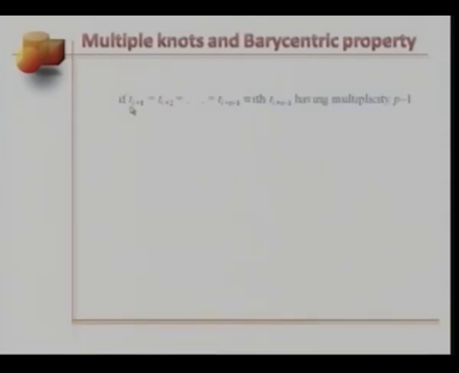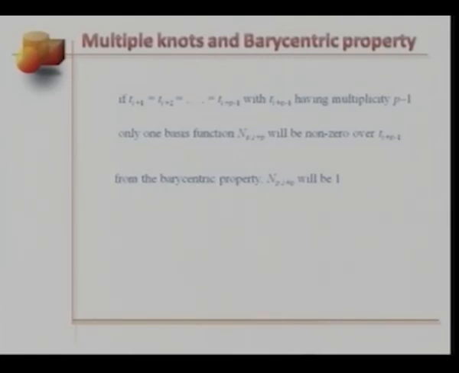In general, if Ti plus 1 equals Ti plus 2 equals up till Ti plus P minus 1, with Ti plus P minus 1 having multiplicity P minus 1, only one basis function, N_{P, I plus P}, will be non-zero at Ti plus P minus 1.